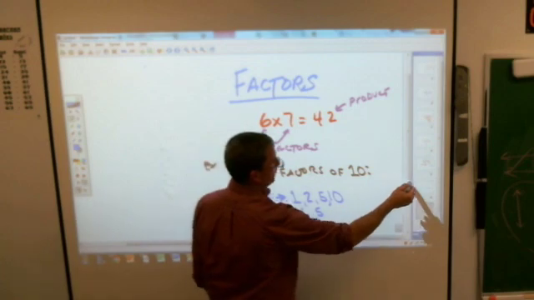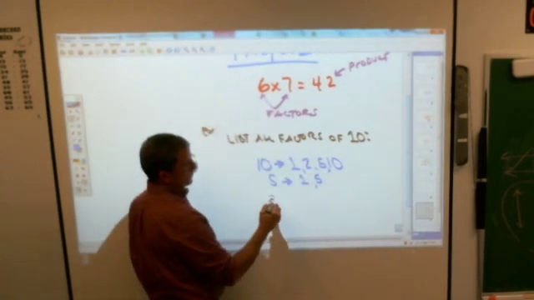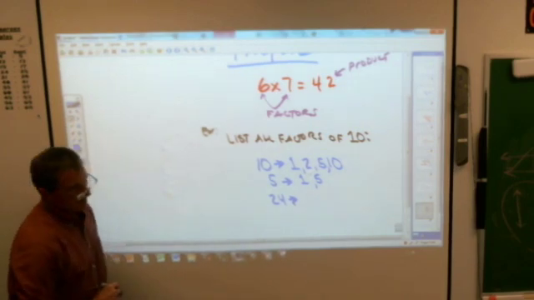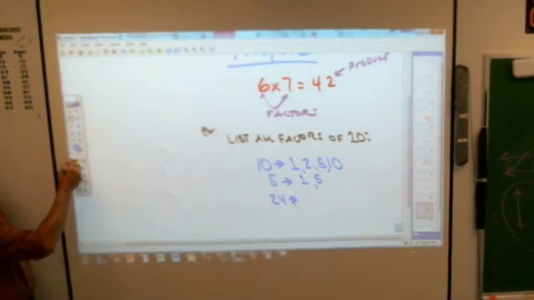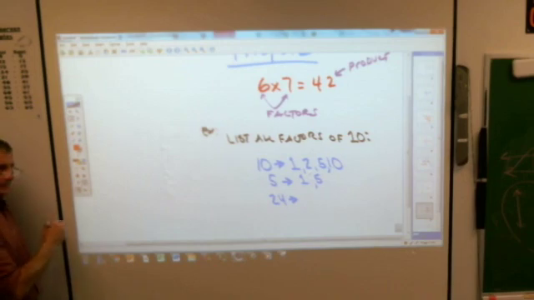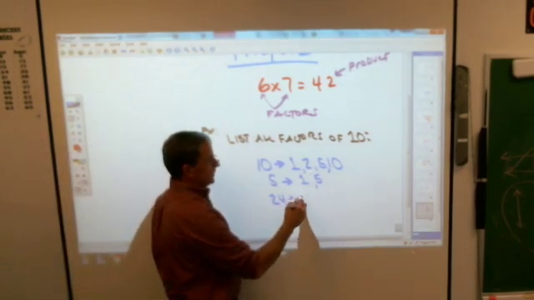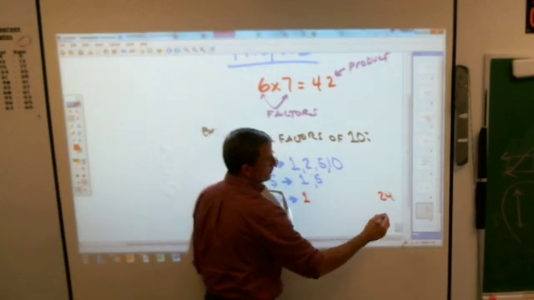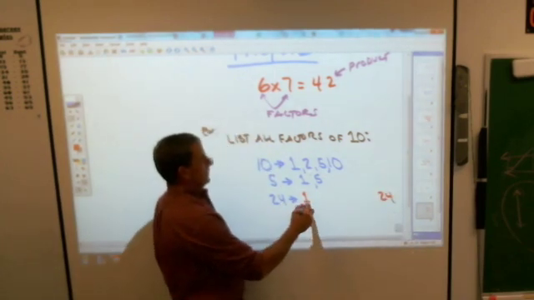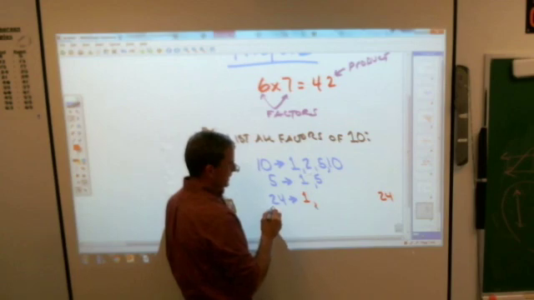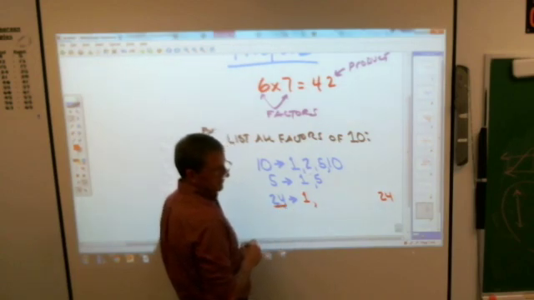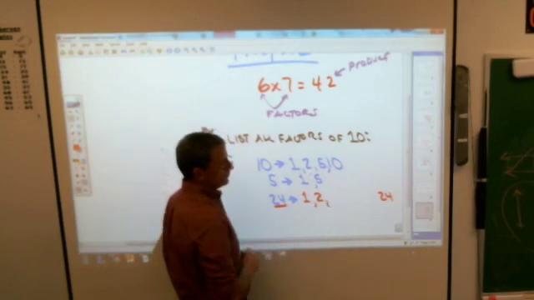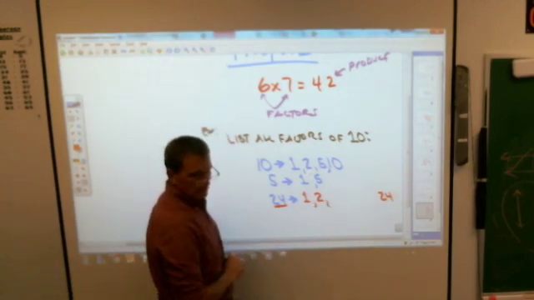Now, let's look at a difficult one. Let's say the number 24. There are lots of factors of 24, and this is again what I would like you to get in the habit of doing. You want to write down 1, and what times 1 gives you 24? 24. And, by the way, any even number can be cut in half, so 2 is always a factor of any even number. 2 times what is 24?